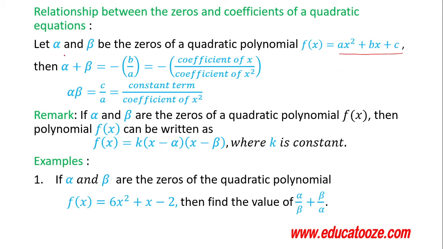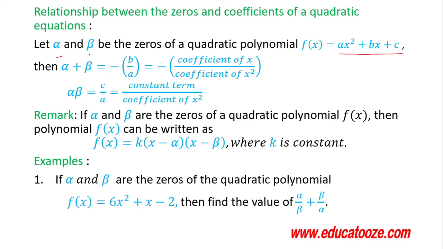Now let's say alpha and beta are zeros of this quadratic polynomial. What are zeros? That you know. Zeros are nothing but that particular value of x for which the polynomial becomes zero.